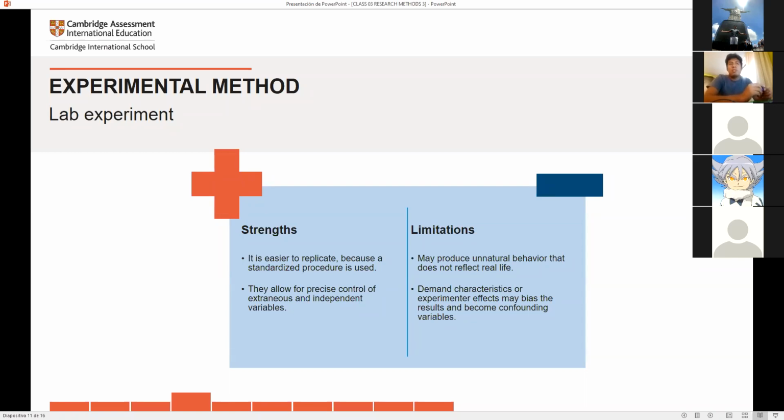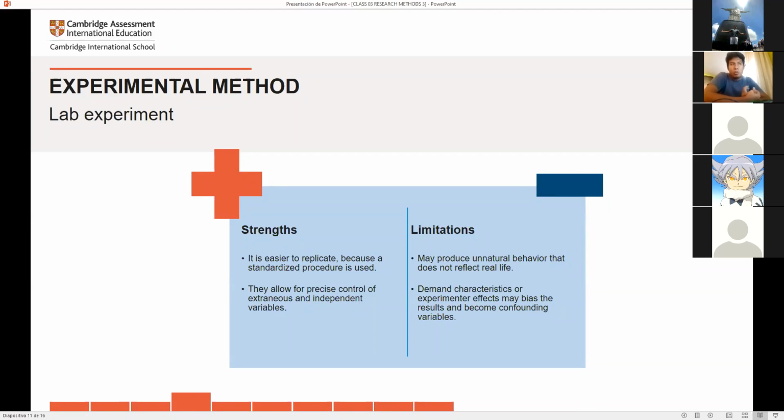Okay. Another of the limitations is that demand characteristics or experimental effects may bias the results and become confounding variables. Yep. Remember that confounding variables and extraneous variables are similar. Okay. Confounding variables are variables that have an effect on the experiment, and we do not foresee it.